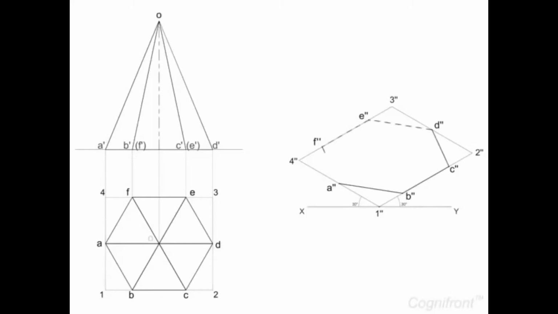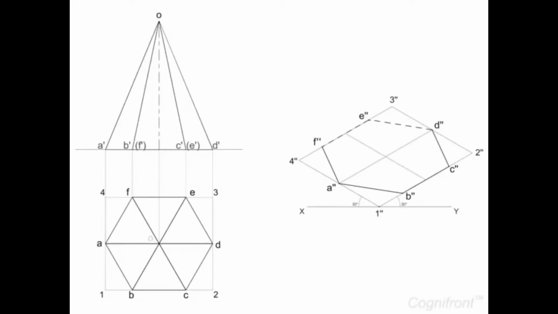Joining A'', B'', C'', D'', E'', F'', A'' will form the isometric view of the hexagonal base surface of the pyramid.